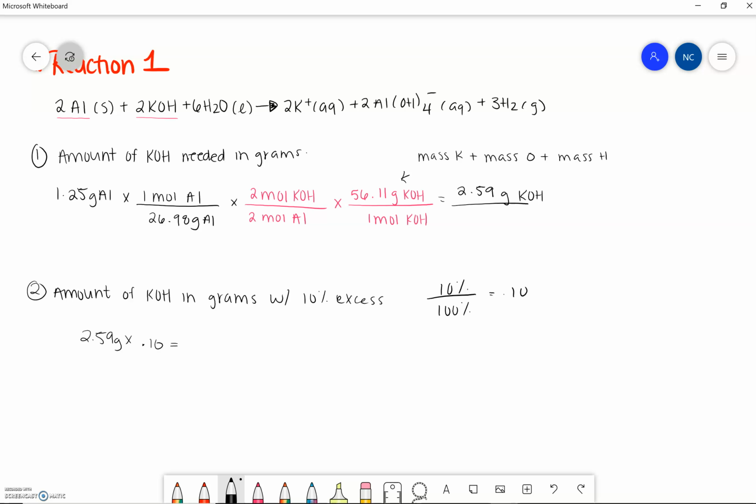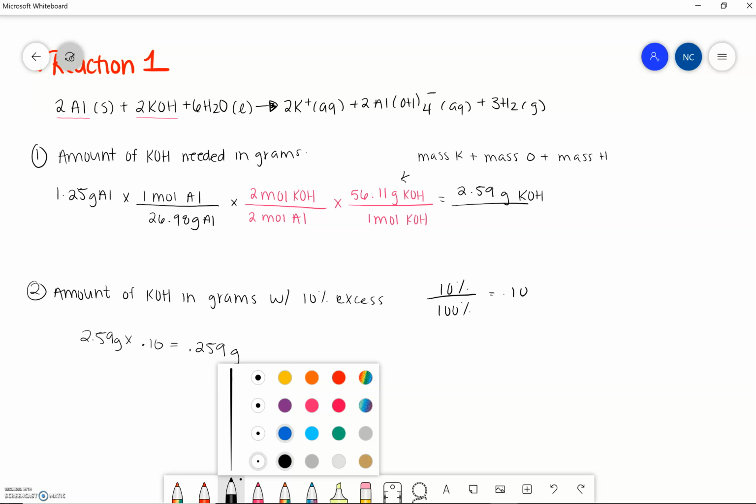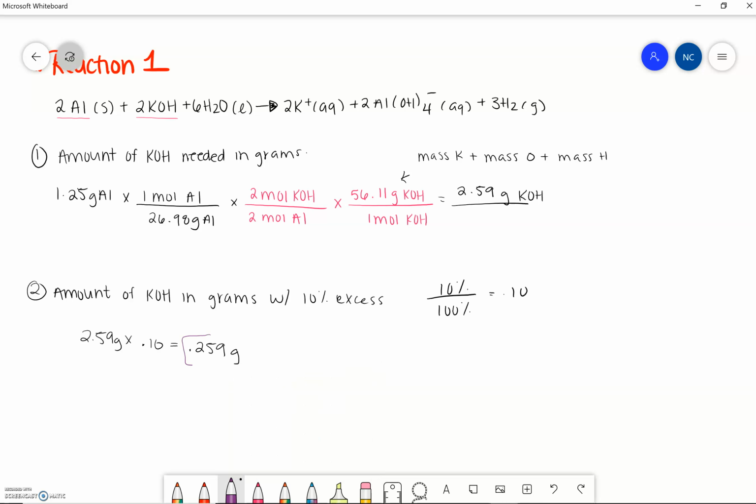When you do that, you get 0.259 grams. Now you're going to take that value and add it to the answer from question 1. So 2.59 grams of KOH plus 0.259 grams.